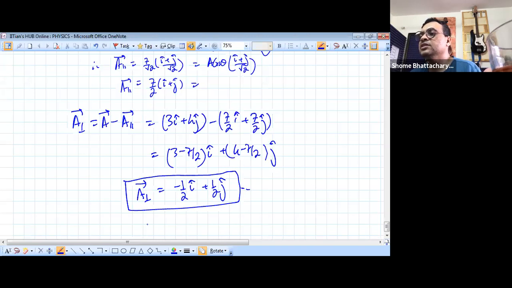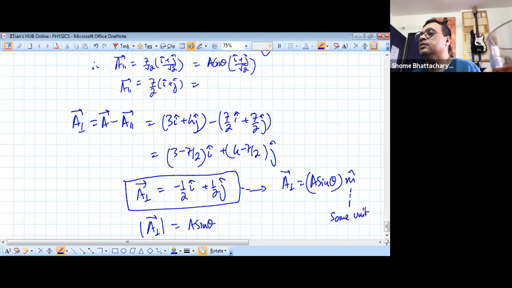Okay. So now you can see that the magnitude of A perpendicular is supposed to be how much? It is supposed to be A sine theta. Okay. And the unit vector, so this quantity is equal to that magnitude into some unit vector. Let's say M cap. So this is some unit vector.